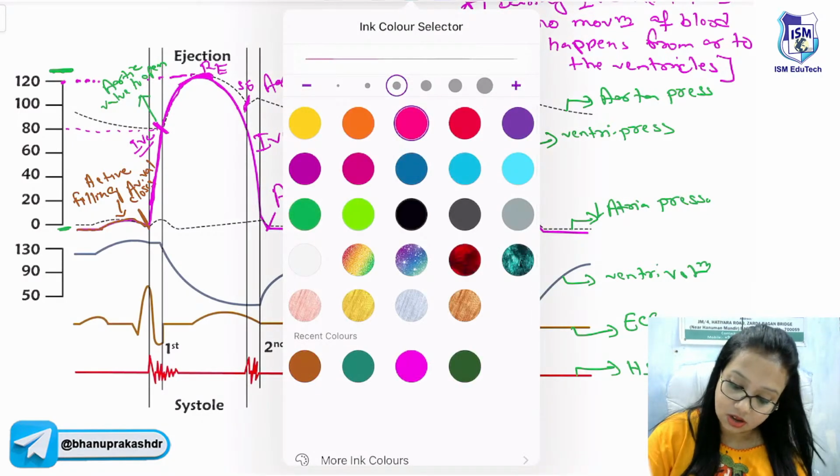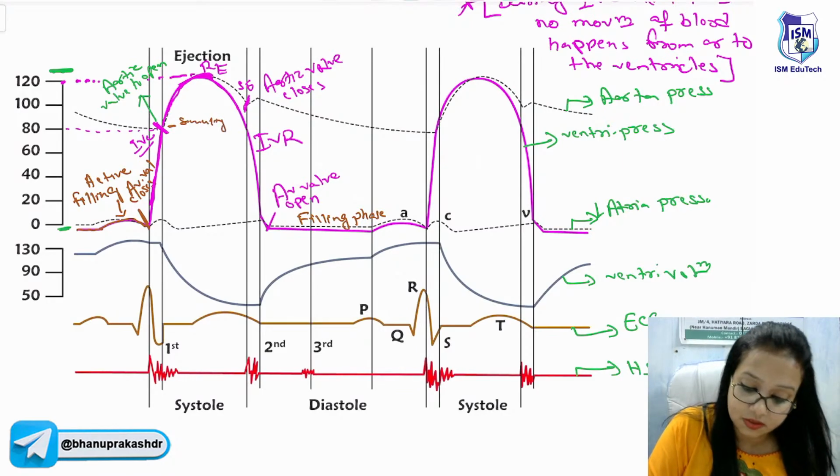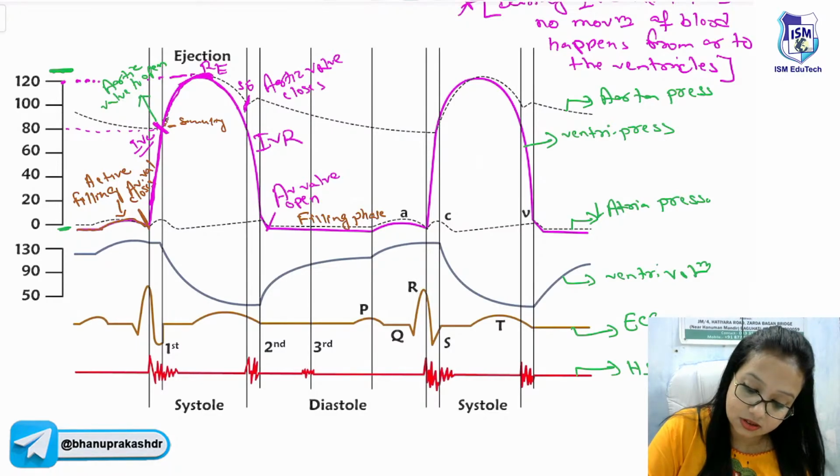Aorta, as you see, when there is no filling happening, maintains a pressure of 80 mmHg, right? So when the ventricular pressure crosses 80 mmHg, the valve opens, and as pressure in the ventricle increases, the pressure in the aorta also increases.